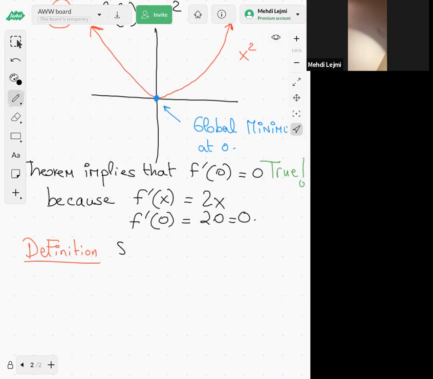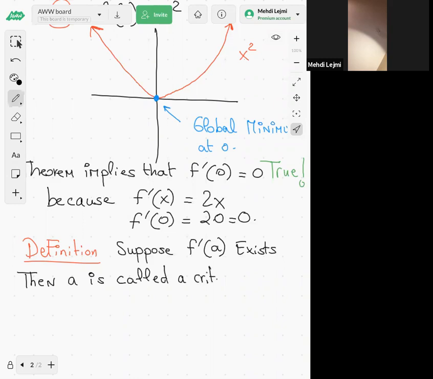Suppose first that f prime of a exists. Then a is called a critical number, or a critical point, if f prime of a is 0.